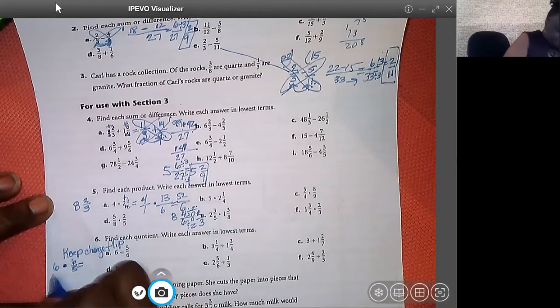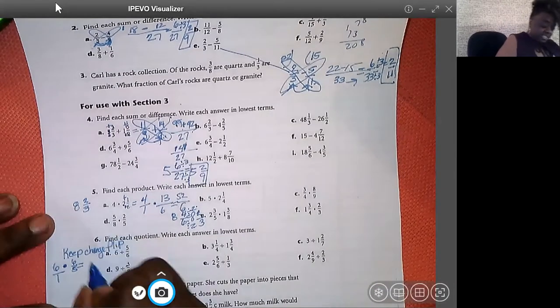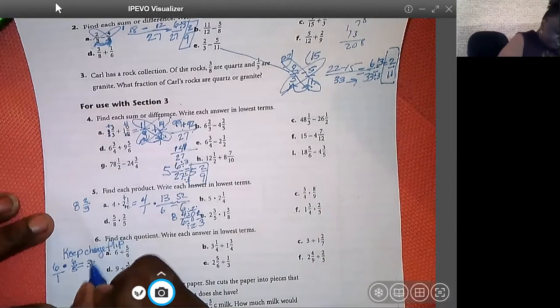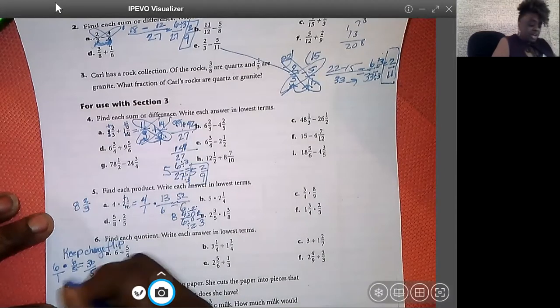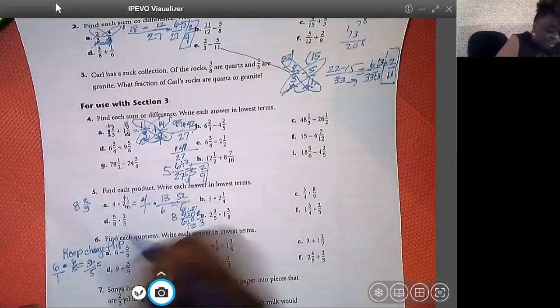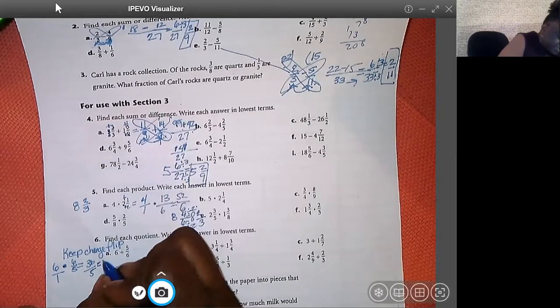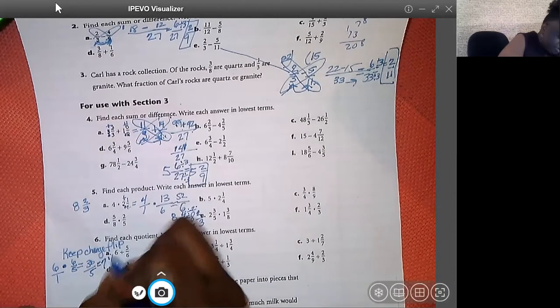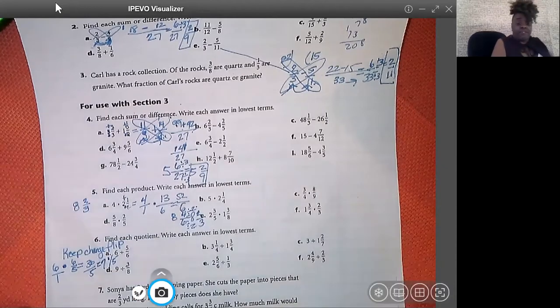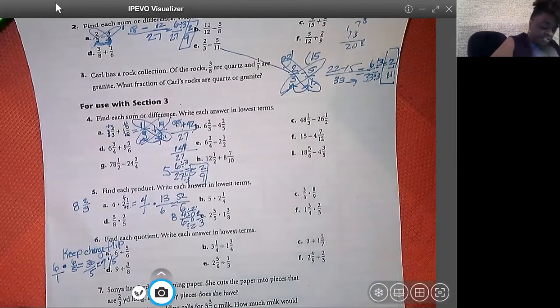And then you solve. So 6 times 6 is 36, and 1 times 5 is 5. 5 goes into 36 7 times, 1 left over, and then you have 5 as the denominator. So your answer is 7 1/5.